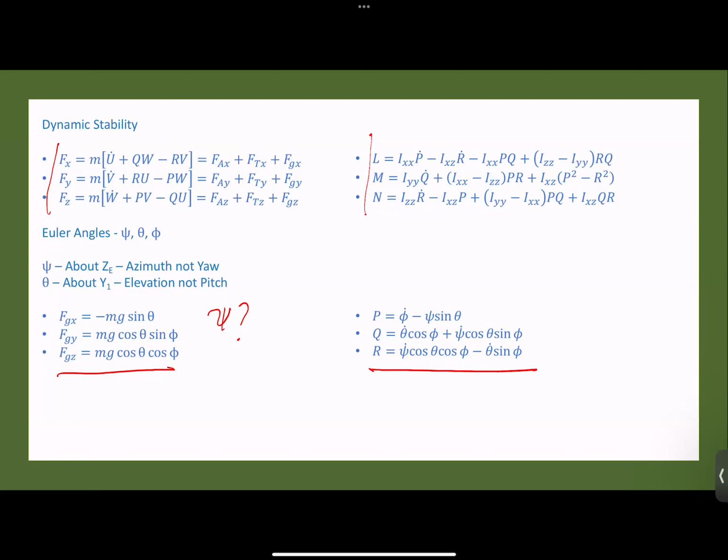It is not the yaw angle. What is the Euler angle psi?